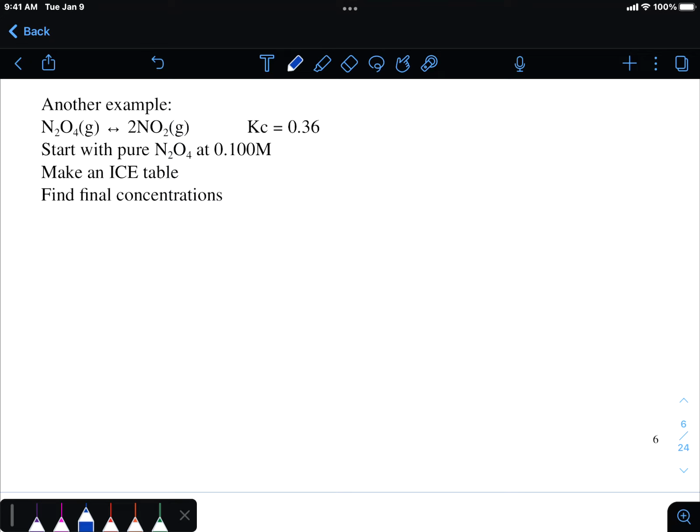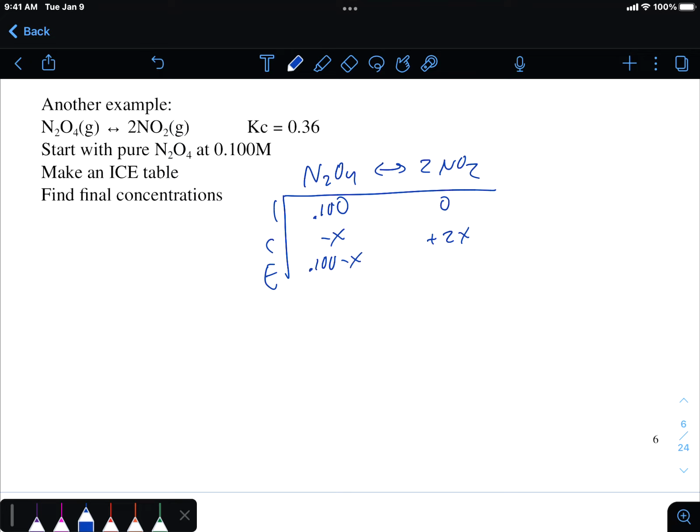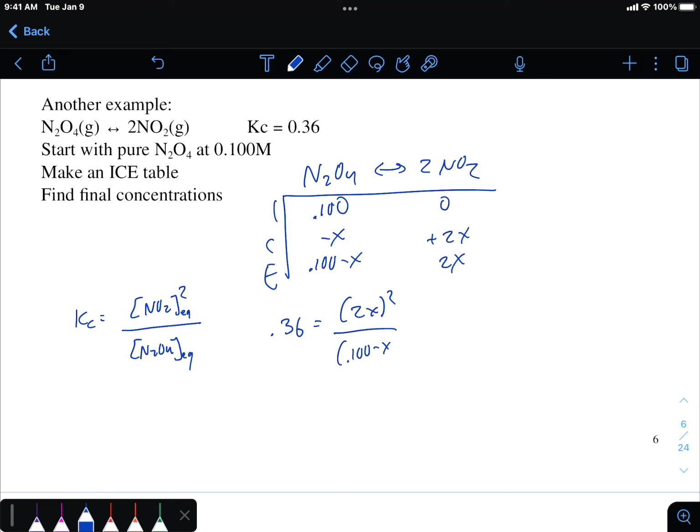All right, I'm going to start writing this out. Did you guys get a value of x to be 0.06?